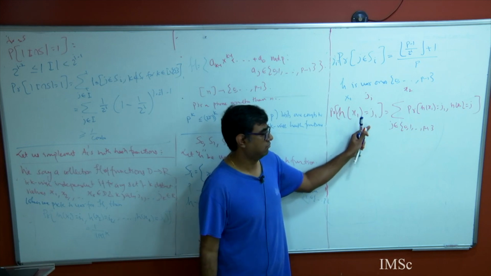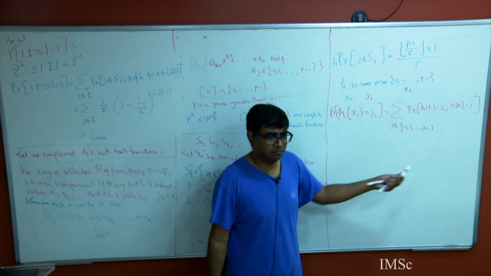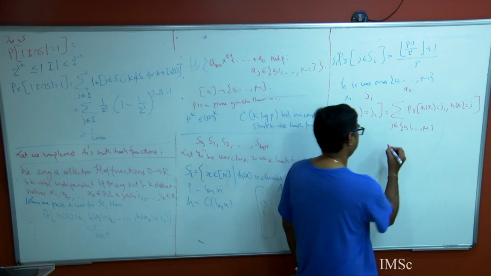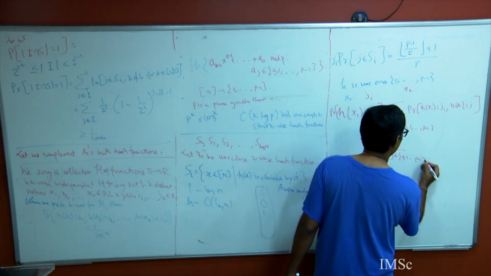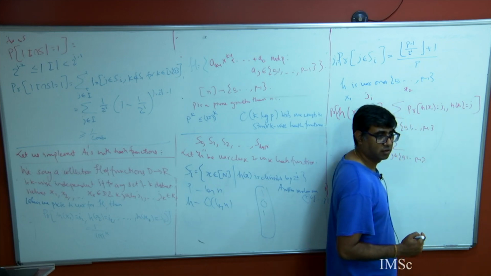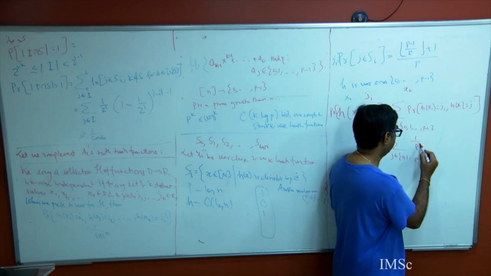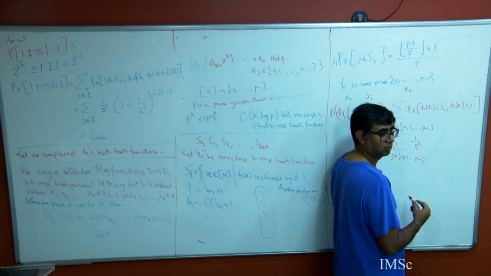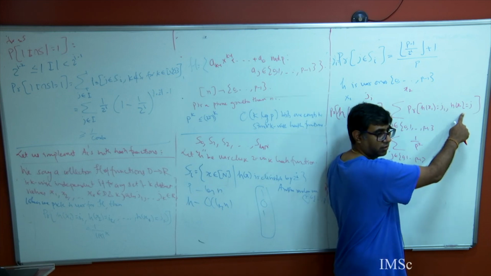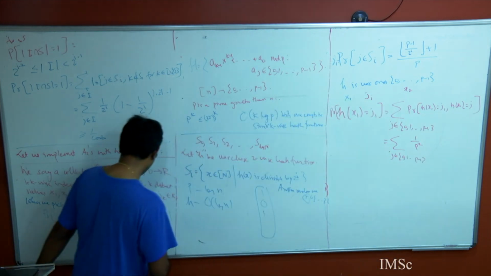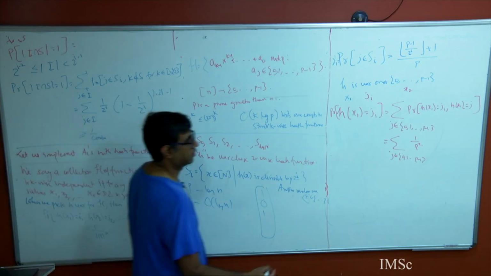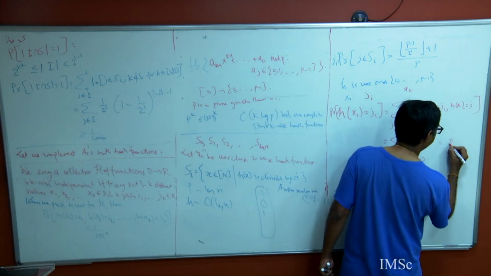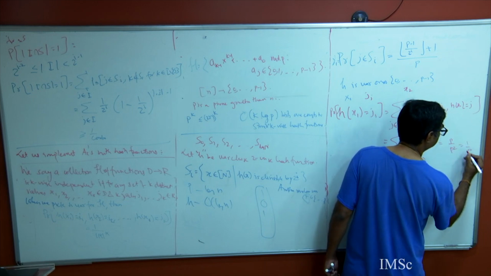If x1 takes j1, x2 will be taking something. But this is 2-wise independent, so what is this? 1 over p square, because a k-wise independent function has 1 over p to the power k. So 1 over p square, times p, which is 1 over p.